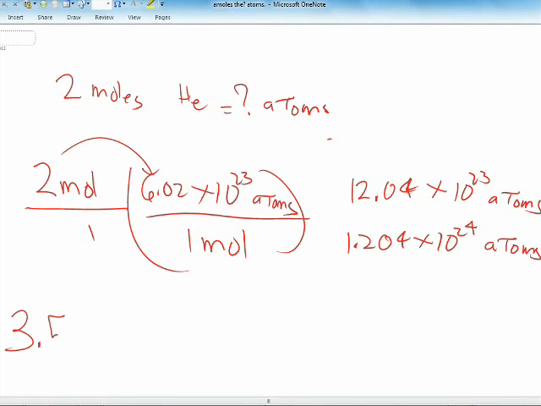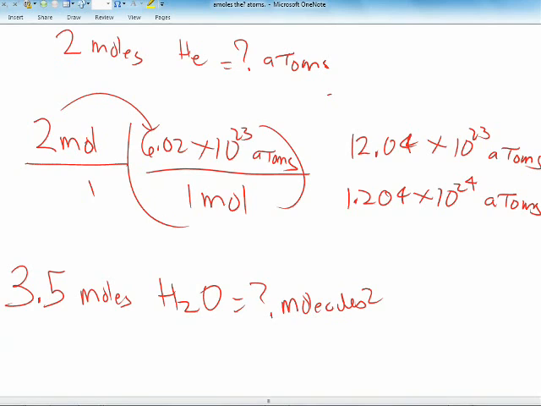How many molecules are in 3.5 moles of water? So if we had 3.5 moles of water, how many molecules is that? Well, we just do the roadmap, 3.5 moles. It's just dimensional analysis.